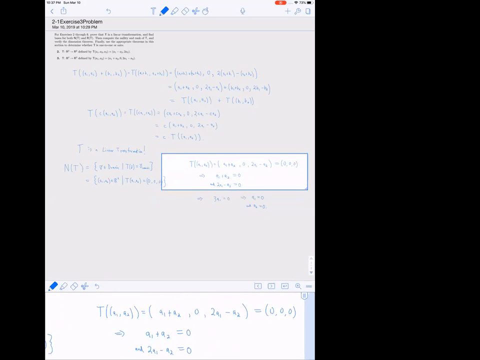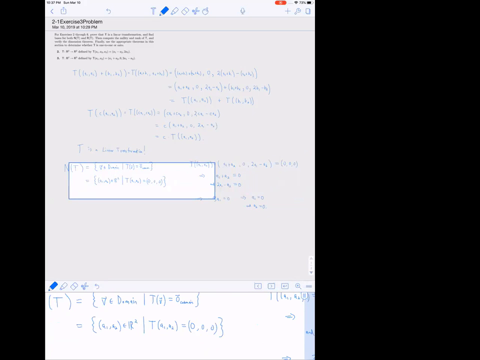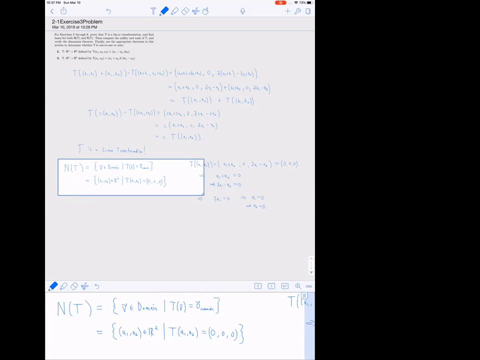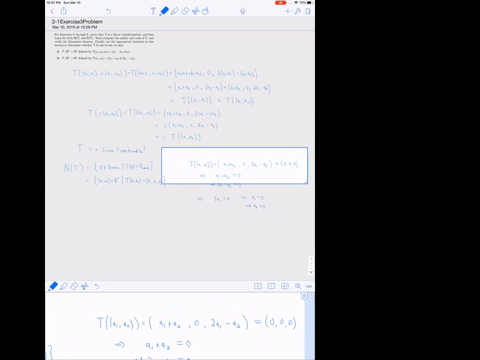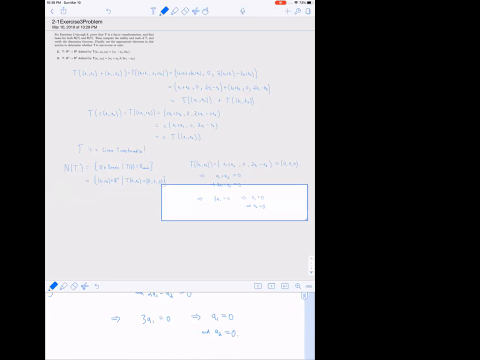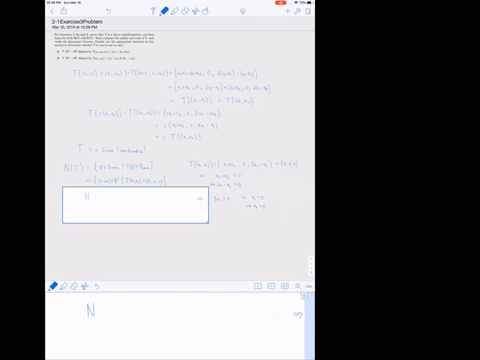So now what we've done is shown that not only is 0, 0 one of the things in the null space of T, but if any vector is in the null space of T, it must be the vector 0, 0. So what we've really shown is that the null space of T in this particular example is just the set containing the 0 vector, and that's the trivial, or the 0 vector space.